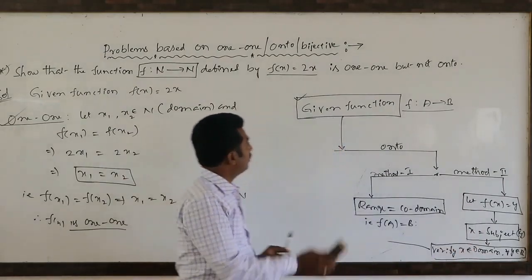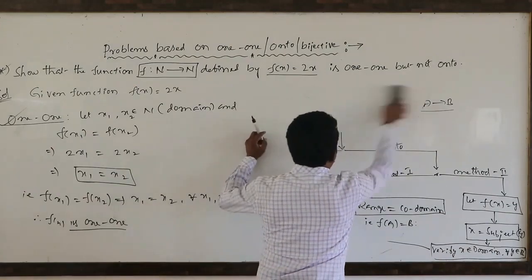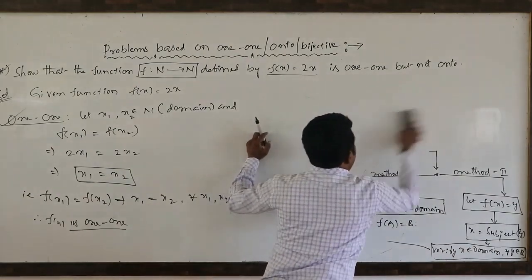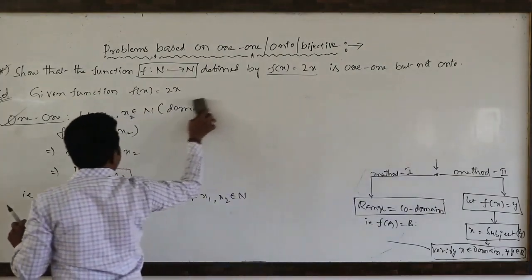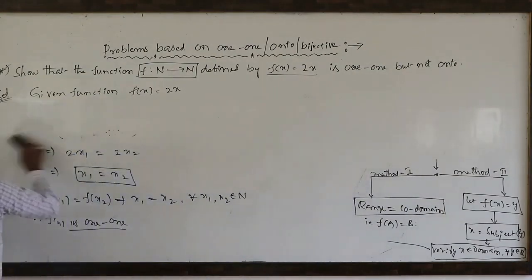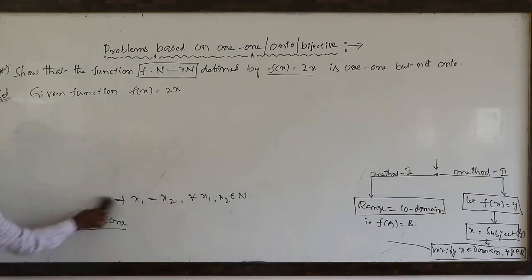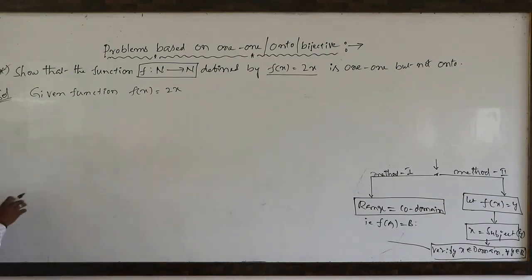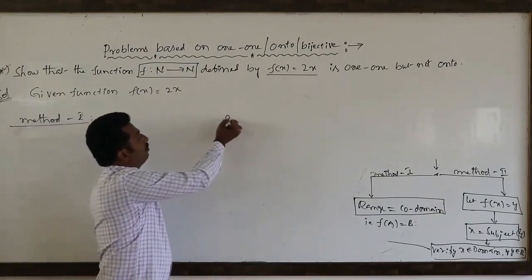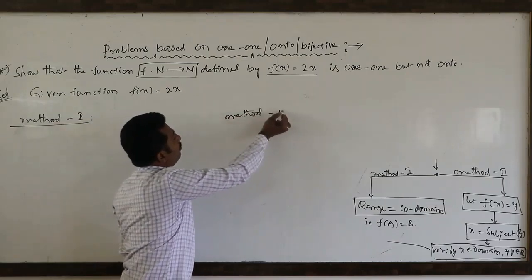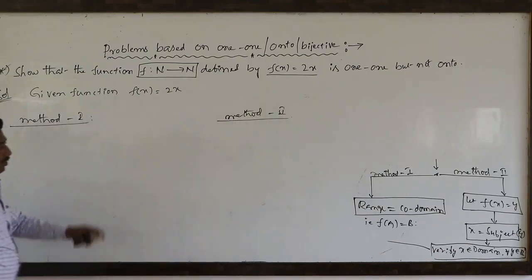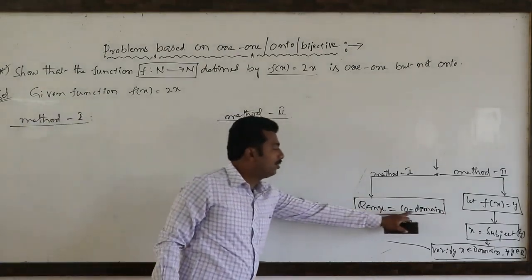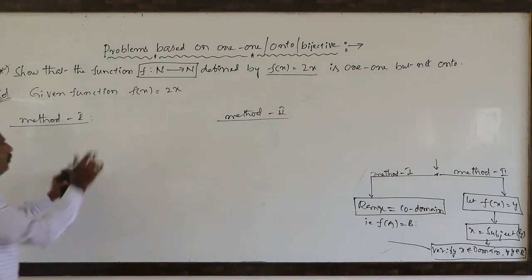Now I will solve both methods. So in method 1, we have to verify whether the range of the function is equal to the codomain or not.